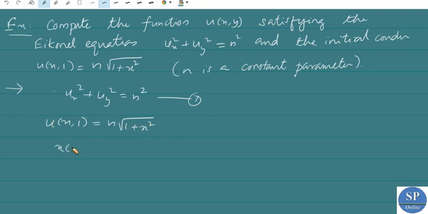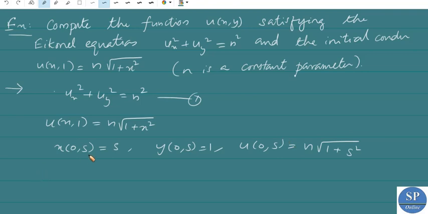So we have the initial condition as x of 0 comma s equal to s, y of 0 comma s equal to 1, and u of 0 comma s equal to n into square root of 1 plus s square. So if you choose x equal to s, then we have y equal to 1 and u equal to n into square root of 1 plus s square.